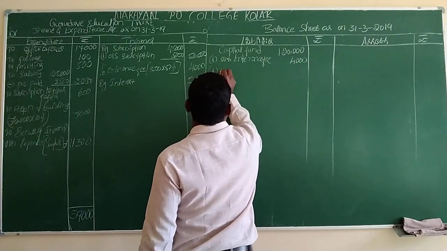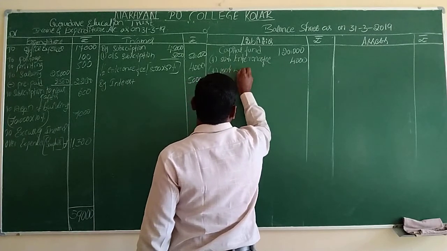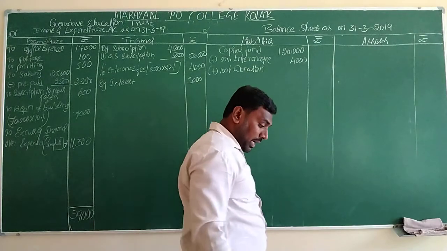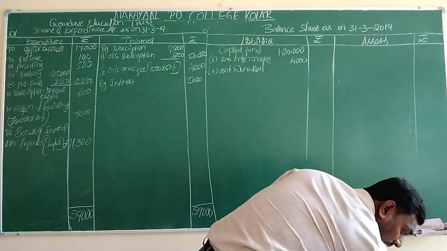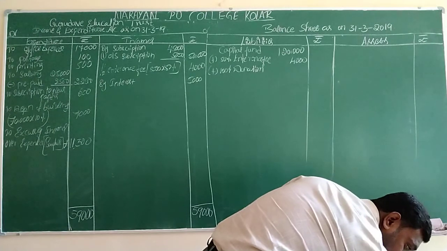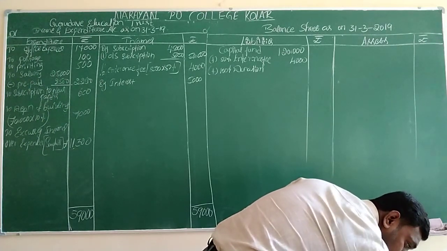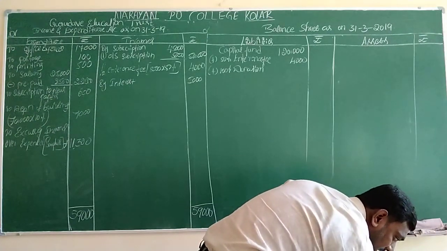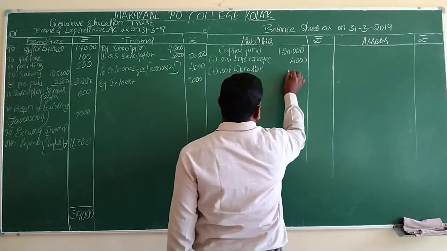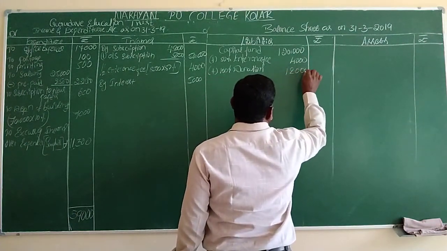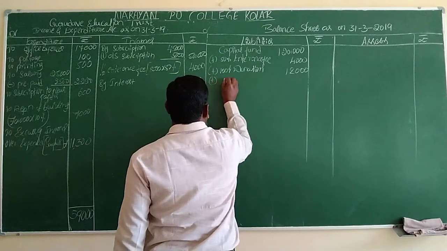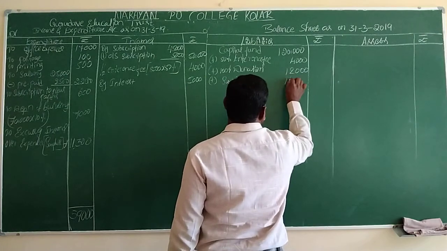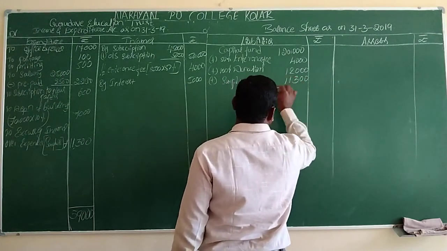Add 100% donation; the value of donation is available in the balance sheet, and it is 12,000. For this add the surplus, which we got as 11,300.